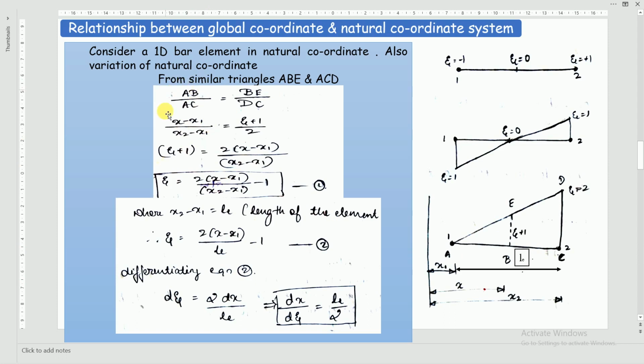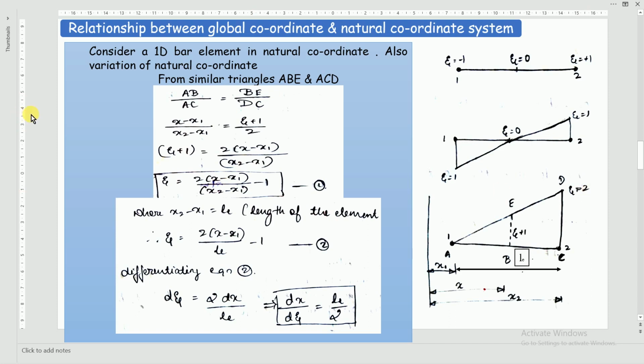Yes, sir. So this has been written with respect to the global coordinate. Now this is with respect to the natural coordinate. So what is BE? Is it xi plus 1? And what is DC? Is it equal to 2?